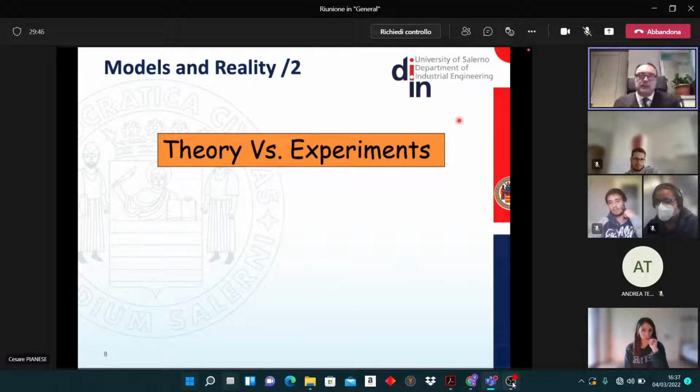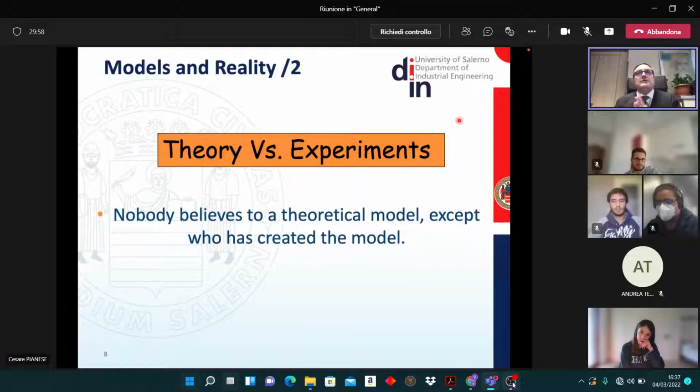Another joke from Professor Rizzo, which is very interesting for those who perform experiments or build models: theory versus experiments. Be sure nobody believes a theoretical model except who has created the model. So if you do the model, you trust your model, you know the assumptions, you trust your analysis, and you are confident. Others will not trust your model enough. They say, okay, this is just crunching numbers.